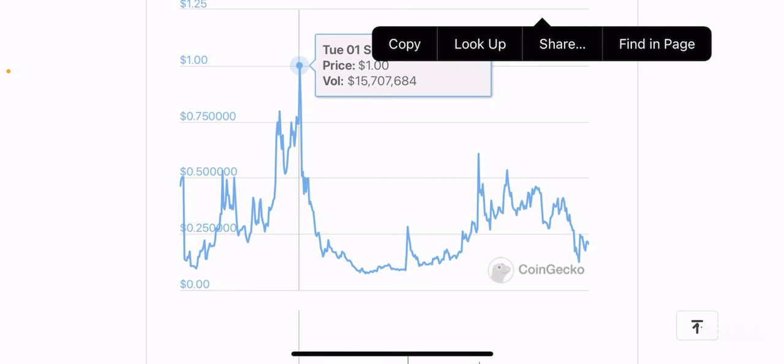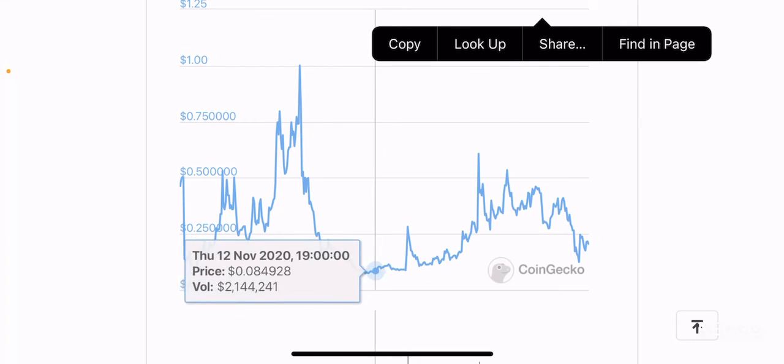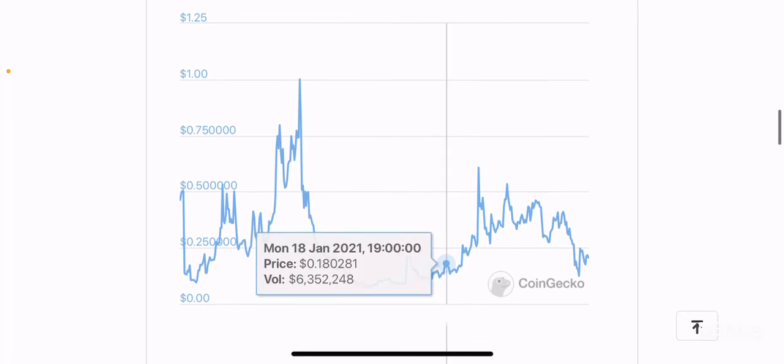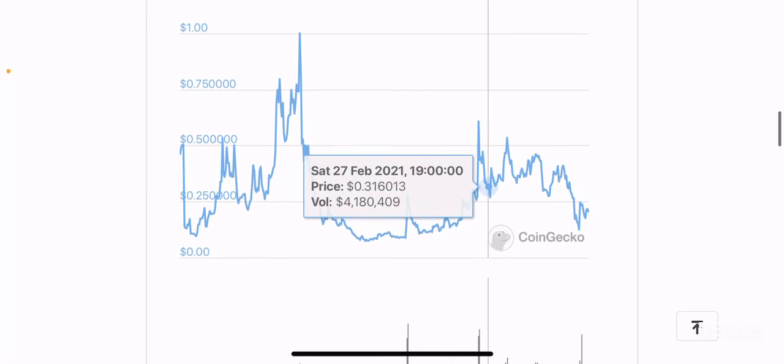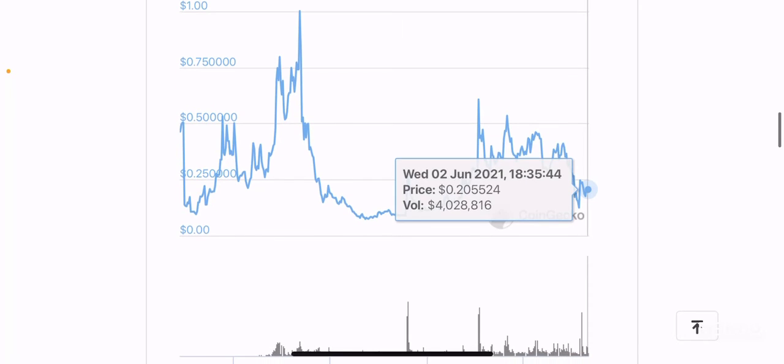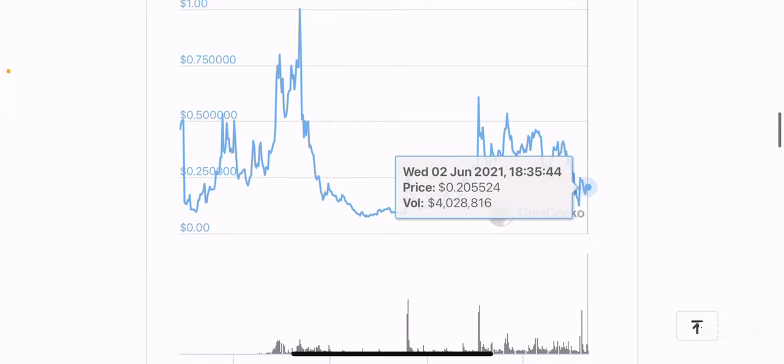And then it crashed very sharply, as we would expect, hovering around the 9 cent range, making some really sharp peaks and then declining rapidly as well. And now it seems to be moving a little bit more sideways. It's not an all-time low in dollar comparison, but I do believe that this token can go up, right?